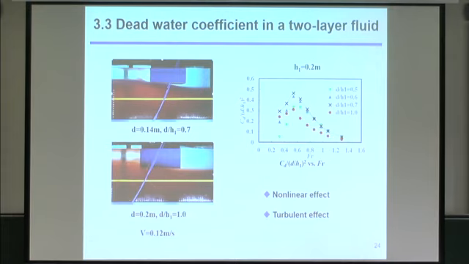It's different from the other situation. So maybe it's a strong nonlinear effect or strong turbulent effect causing the difference between the two situations. I just guess this may be the reason.